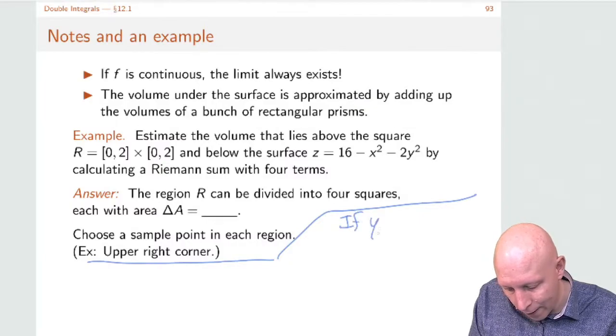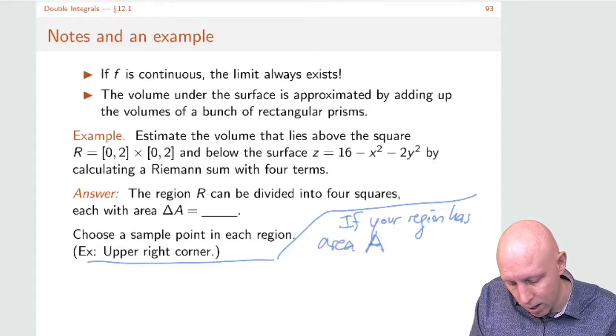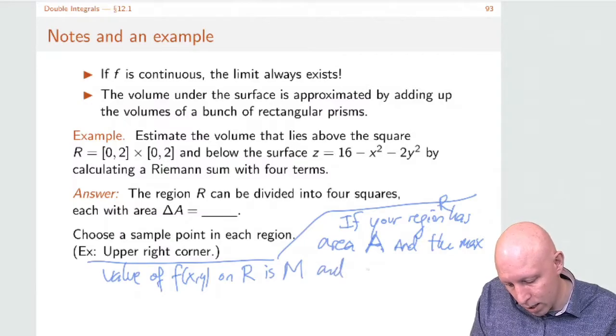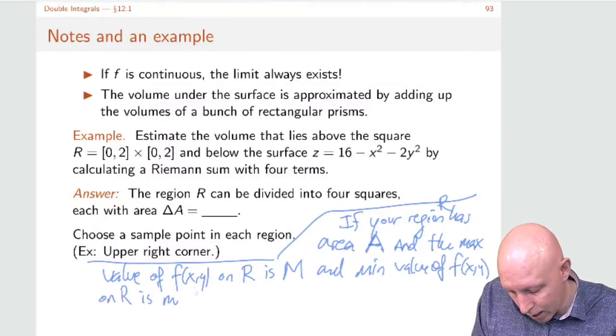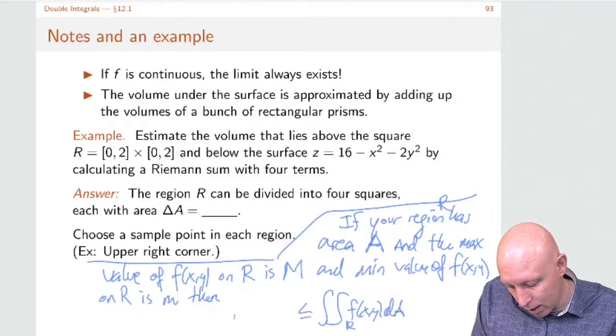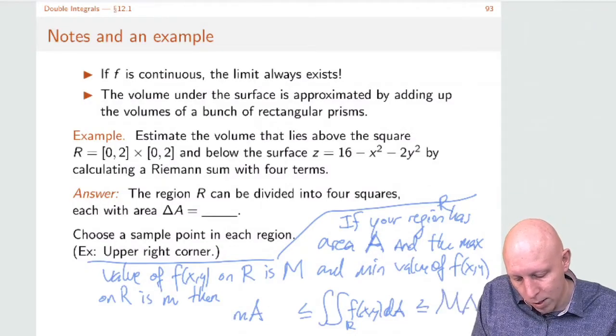If your region R has area A, and the maximum value of f of xy on R is capital M, and the minimum value of f of xy on R is little m, then what we know is that the volume under the curve, the integral of f of xy dA, is going to be between little m times the area and big M times the area.